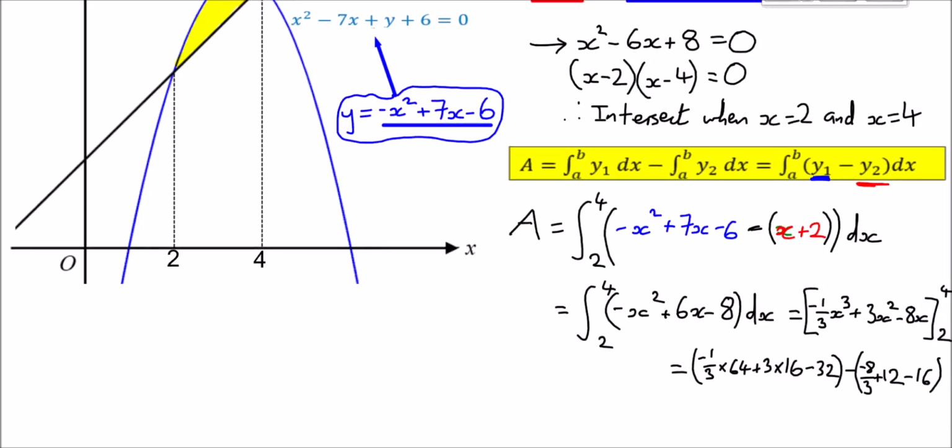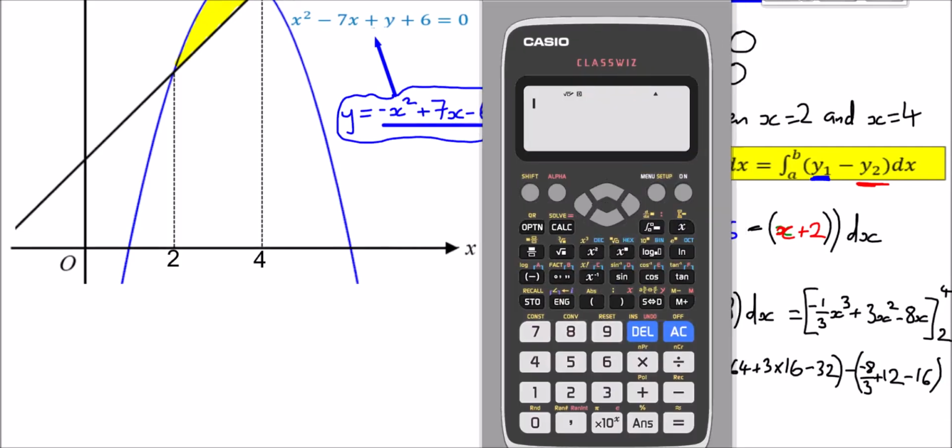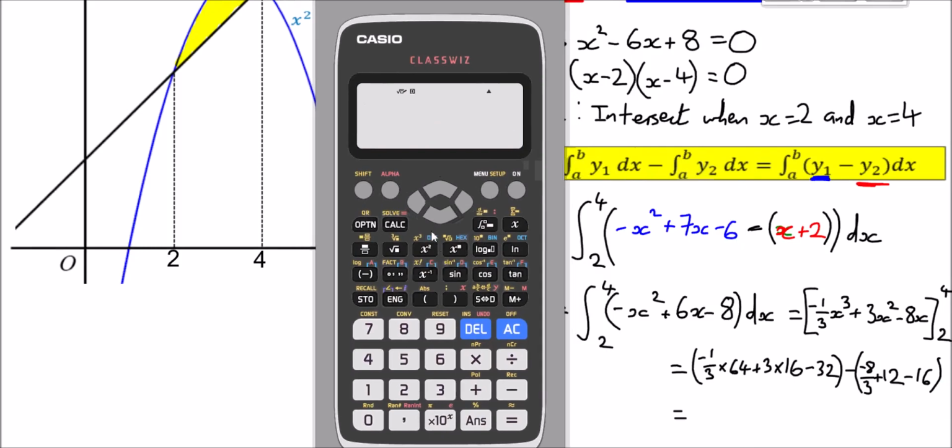So if we just evaluate this on our calculation machines, otherwise known as a calculator, we're going to have this, aren't we?